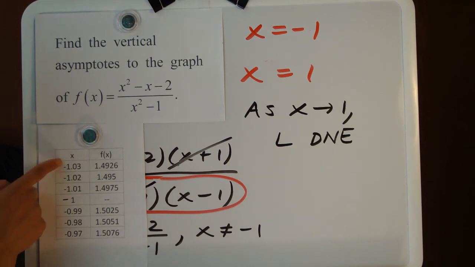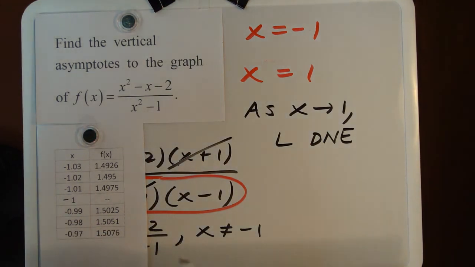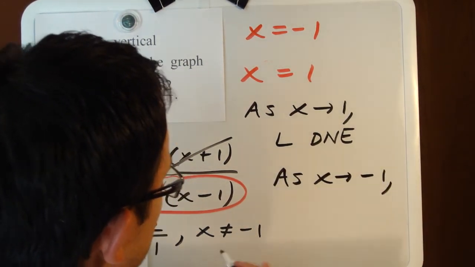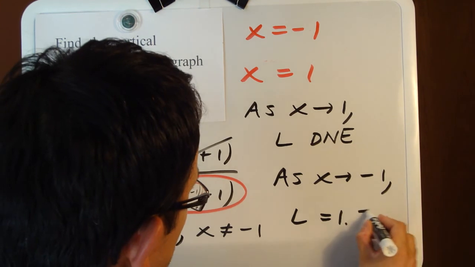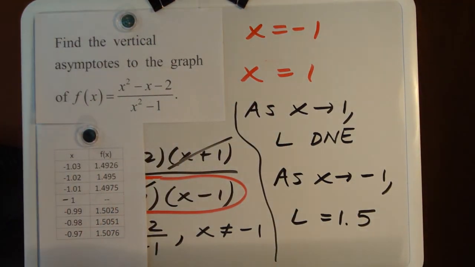Whether we're close to negative 1 on the left side or on the right side, all of these numbers in the y column are now really, really close to 1.5. So this would suggest here that as we approach -1, the limit does exist, right? It would be 1.5.